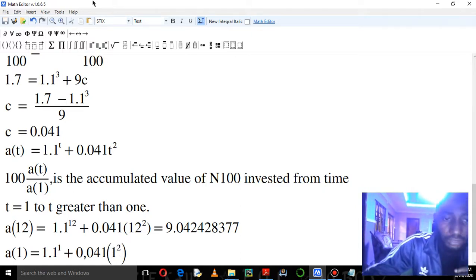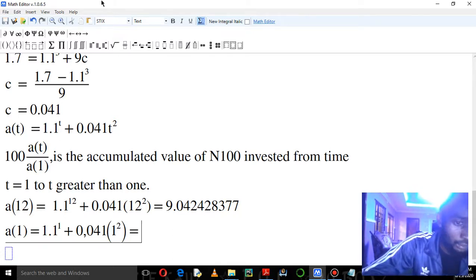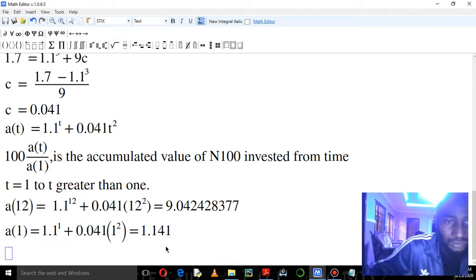If you calculate it with your calculator, you should get 1.141. This is not a comma, this is a dot. So we've gotten our a of 1.